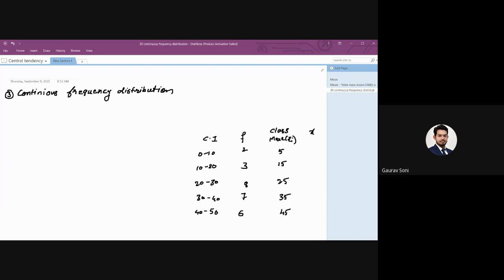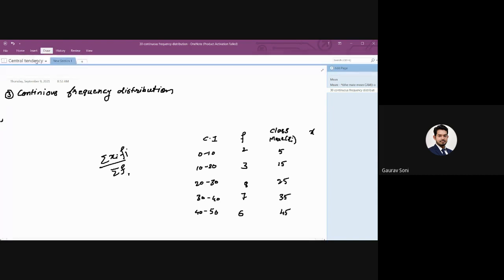And then I'll do the calculation. These are the xi's, so summation xi fi upon summation fi. So there is no difference for the continuous frequency distribution. The point is that we use the same formula, but the frequencies are considered at the class marks of the respective class intervals.